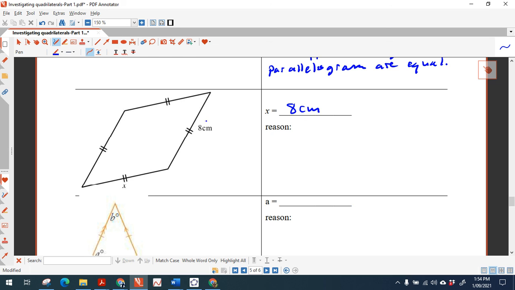So 8 must be equal to x because all the sides are equal for a rhombus. So we're going to write down: all sides are equal in a rhombus.